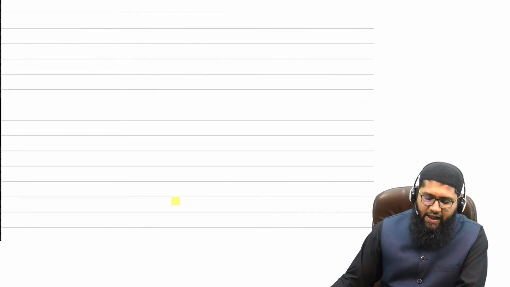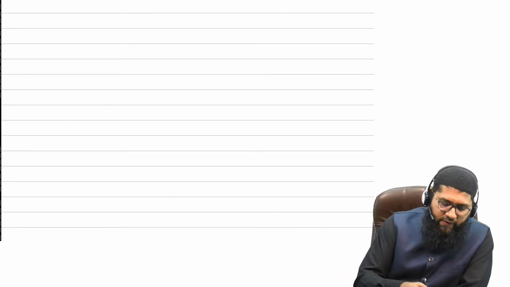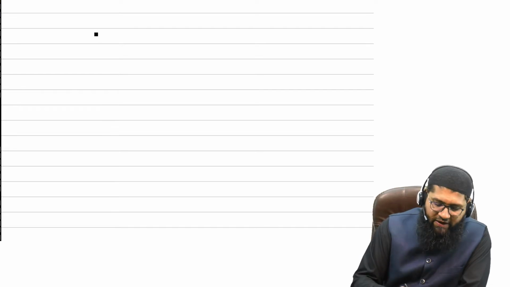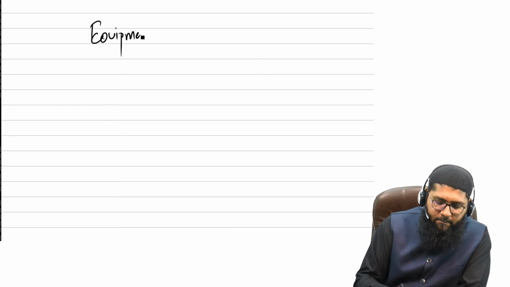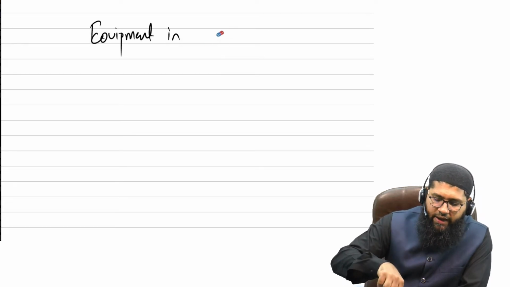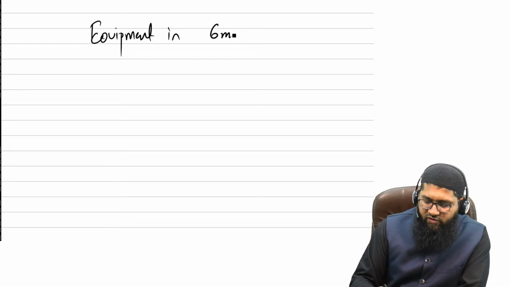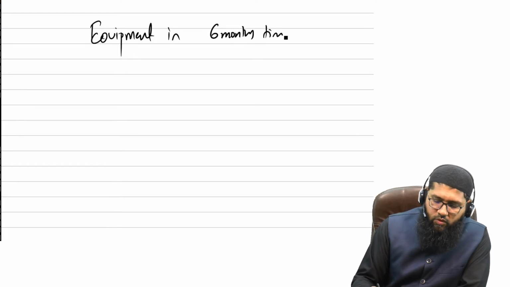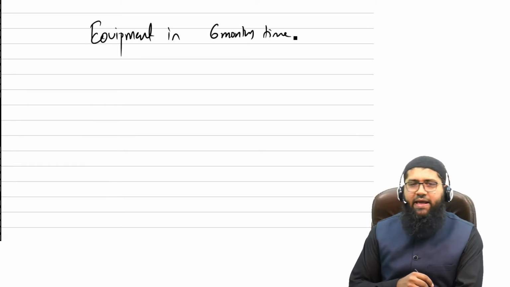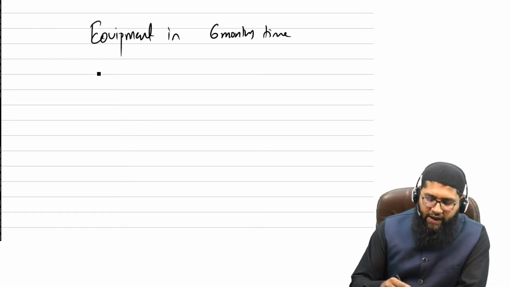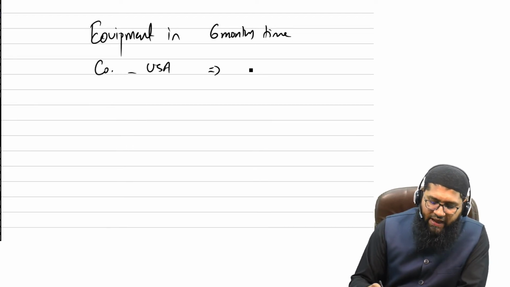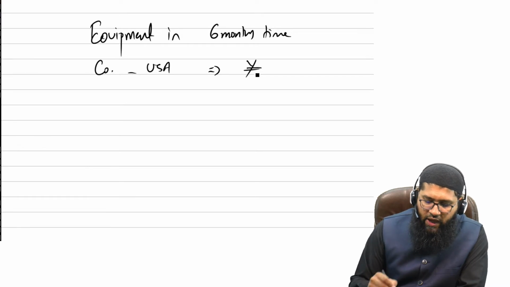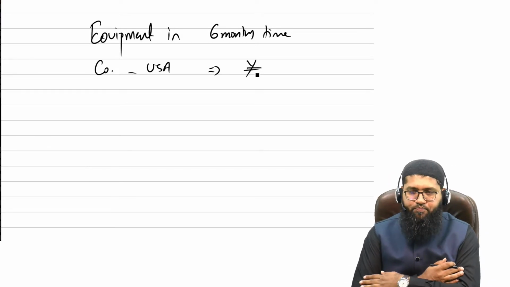Now, I'll give you an example of a cash flow hedge. Maybe let's say you want to buy an equipment in 6 months' time, and you are a company based in the USA, and you want to buy this in yen, the Japanese currency.